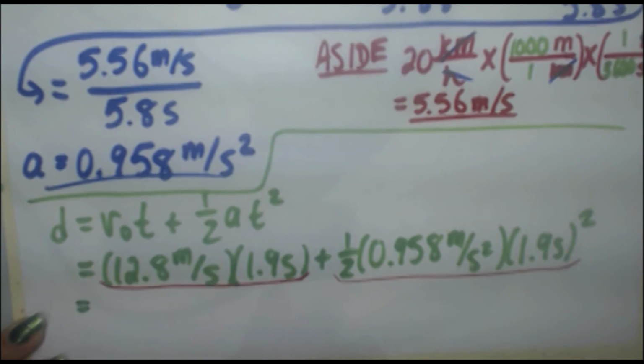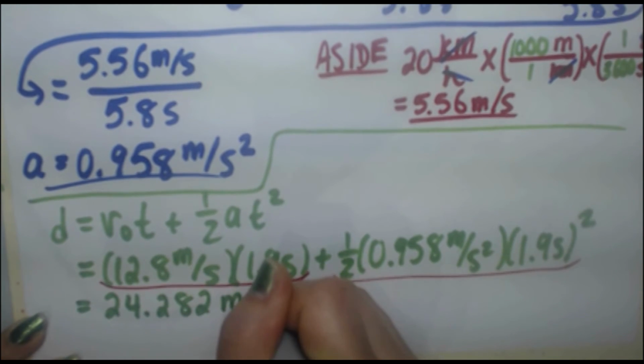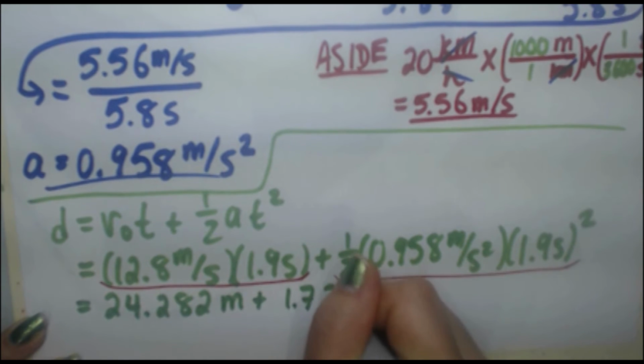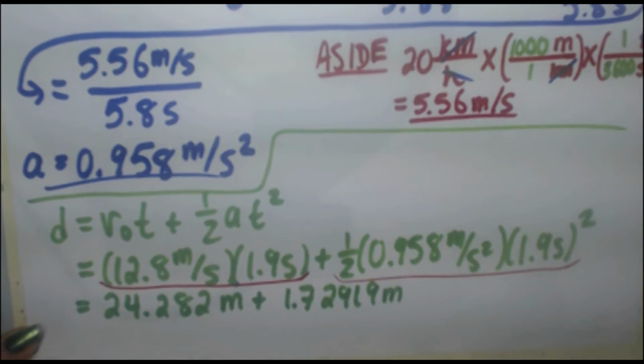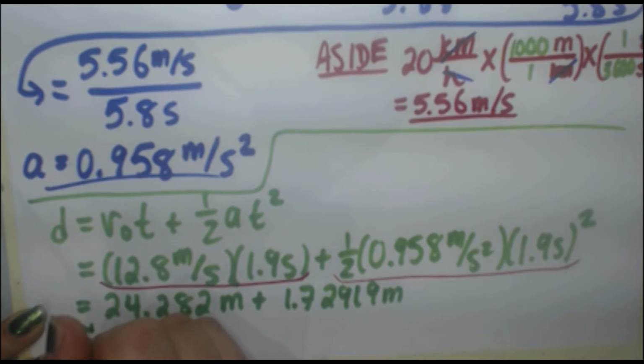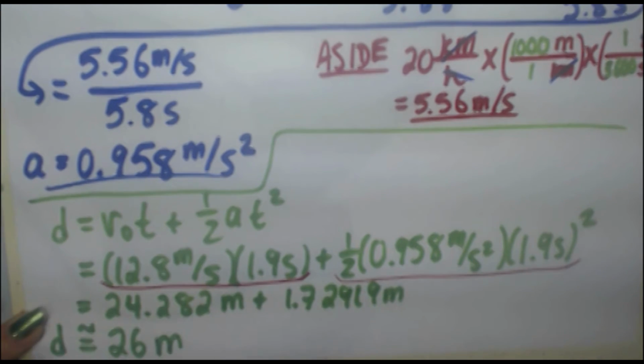So if you do it separately, you're going to get 24.282 meters plus 1.72919 meters. If you add those two together, you're going to get that D is approximately, well, if you round it to sig figs, we can only give up to 2 sig figs in this question, we get 26 meters.